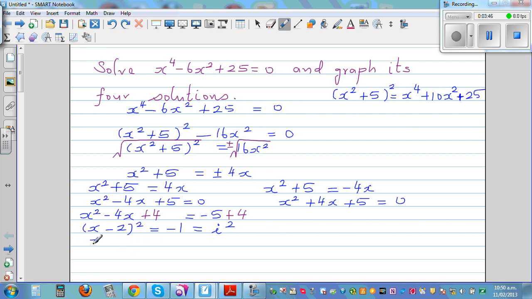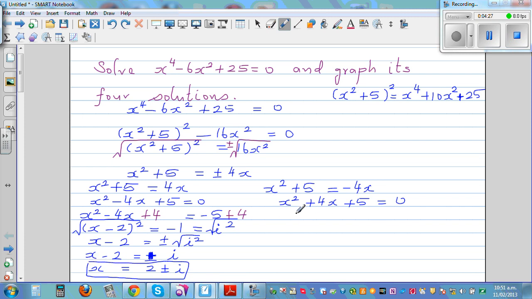Taking the square root of both sides, x minus 2 is equal to plus or minus i. So x is equal to 2 plus or minus i. These are the two roots when you solve the first quadratic equation.